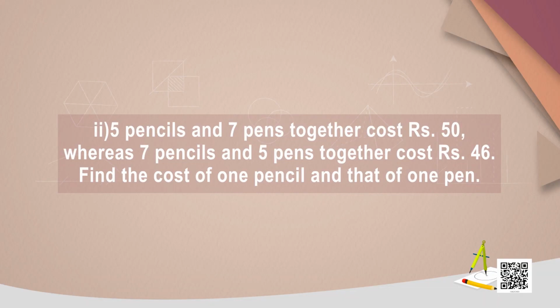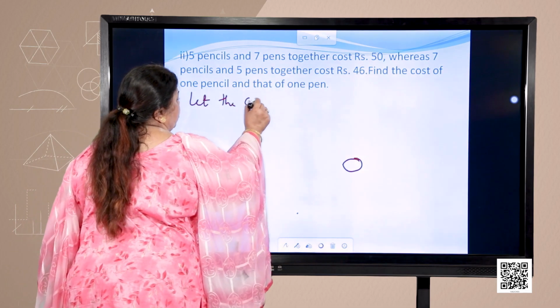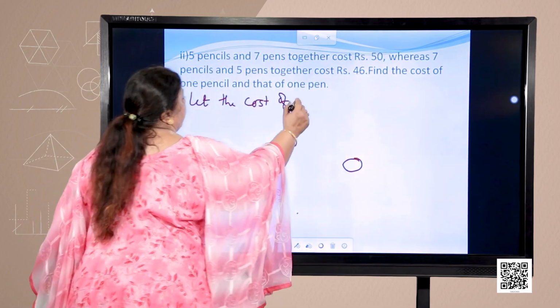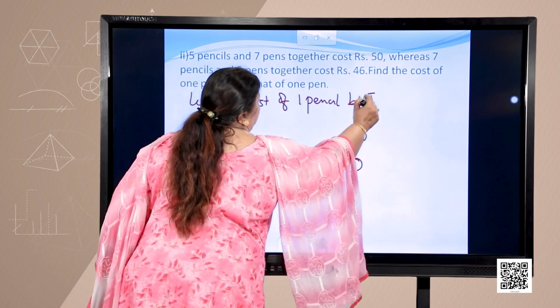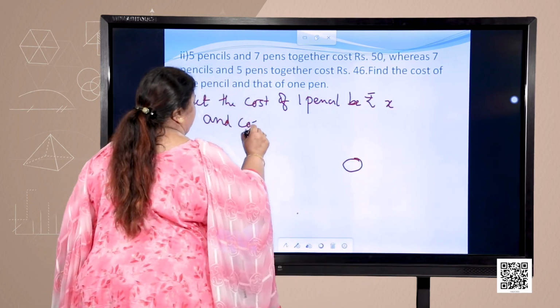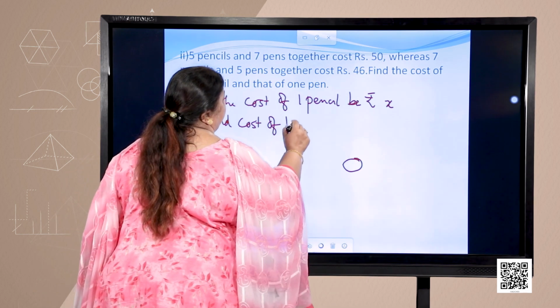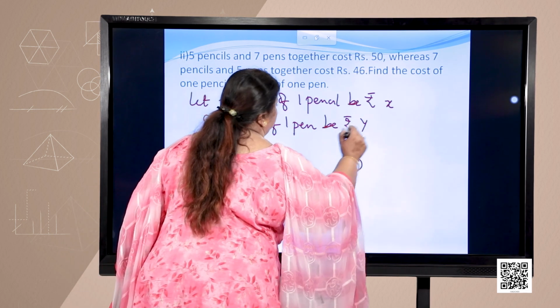5 pencils and 7 pens together cost 50 rupees, whereas 7 pencils and 5 pens together cost 46 rupees. Find the cost of one pencil and that of one pen. So let us take, let the cost of one pencil be rupees x and cost of one pen be rupees y.